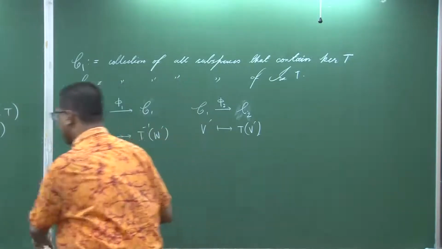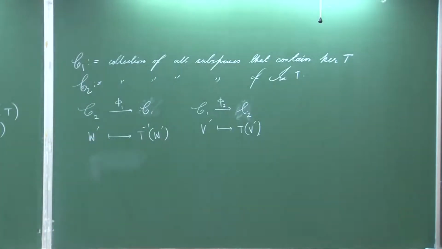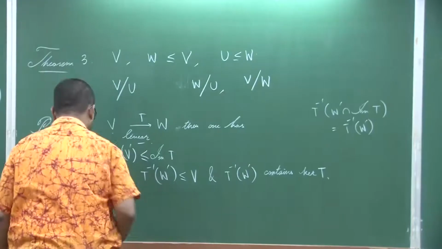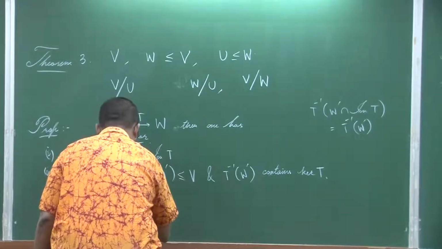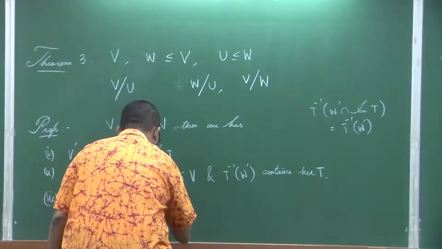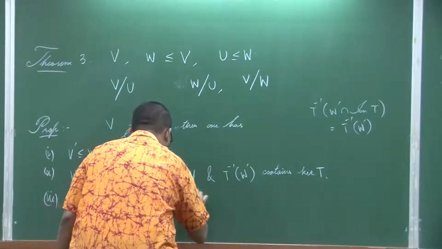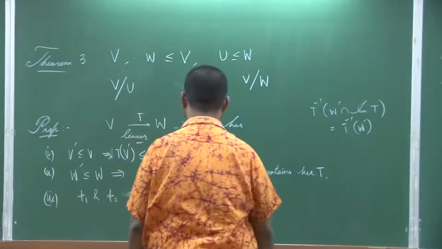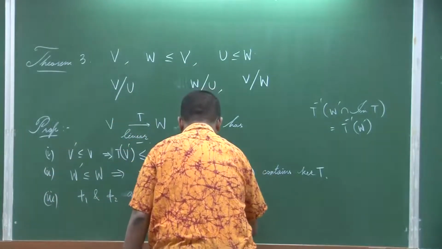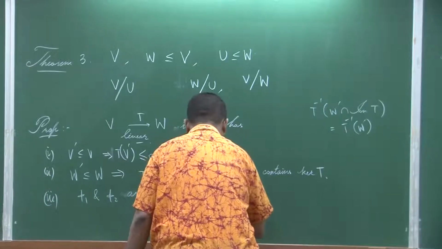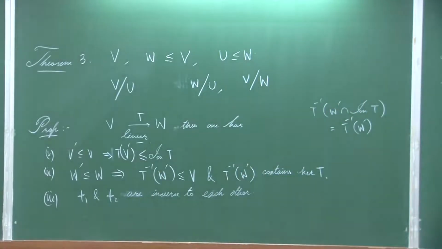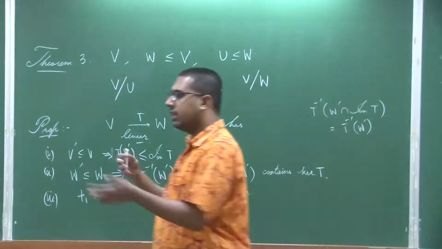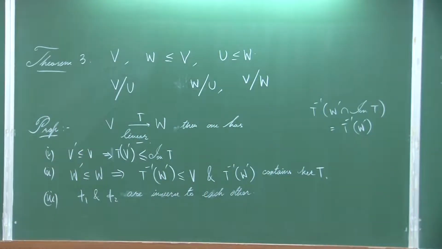The third thing is that phi 1 and phi 2 are inverse to each other, or in particular, the collection of subspaces containing the kernel and the collection of all subspaces of image are in one-to-one correspondence.